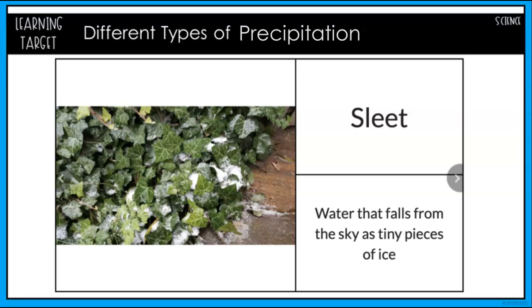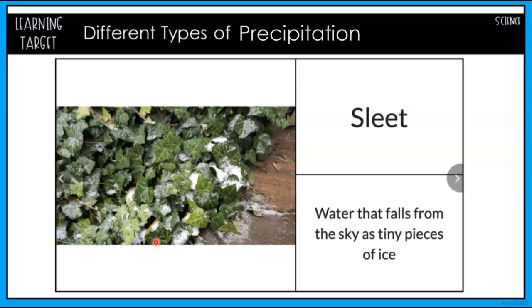And then we have this picture. It's kind of hard to tell what's going on, but just try your best to think about what you might see in this picture. We know a lot about snow, and we talked about sleep, but this is a little, I'm sorry, we haven't talked about sleep. We're talking about sleet now. Excuse me, oopsie. Miss Sarah made an oopsie. So this is sleet, something we don't really see a lot.